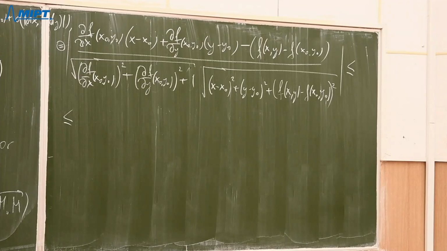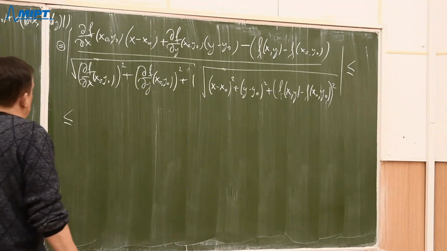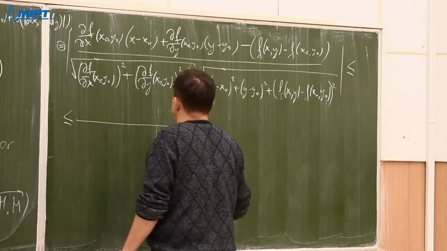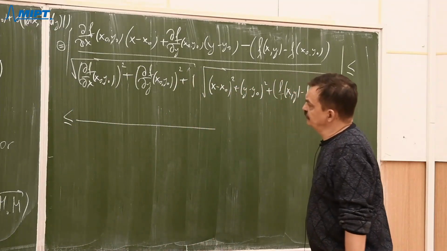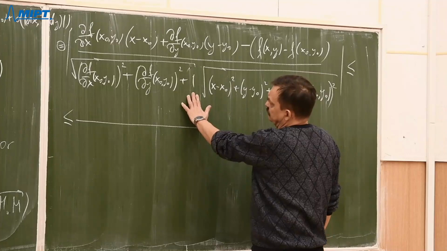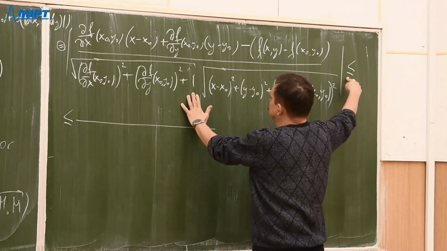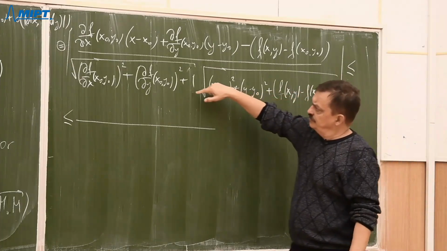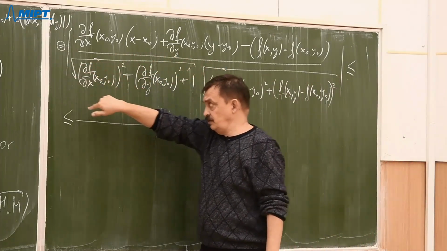Okay, what is it? I'll start with the denominator. To get an estimate from above, I should estimate the denominator from below.